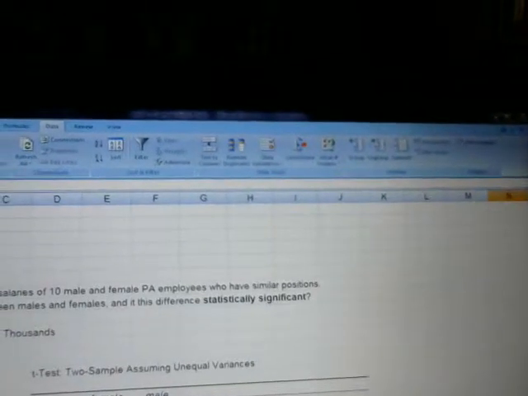If we go to book 3, wait a minute. Okay.